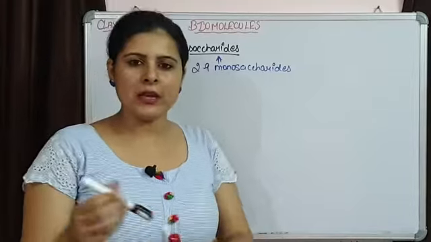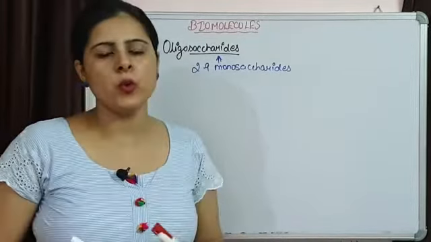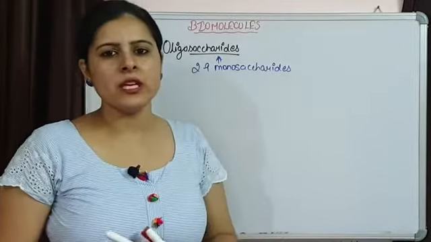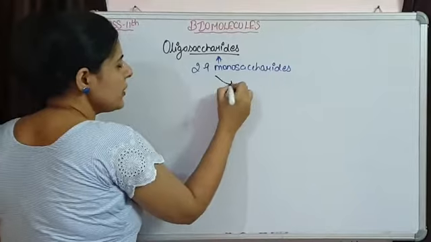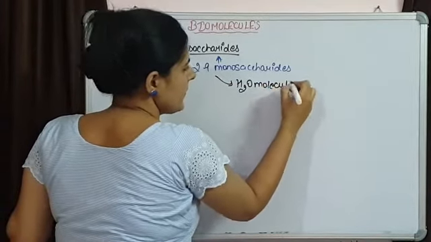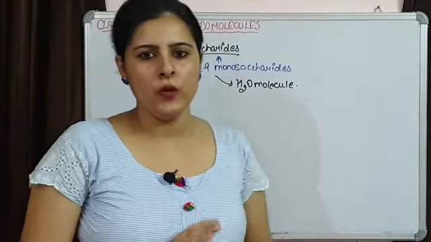We know about the glycosidic bond. Whenever a glycosidic bond forms between 2 monosaccharides, there will be removal of a water molecule. A water molecule is released and the bond is formed.